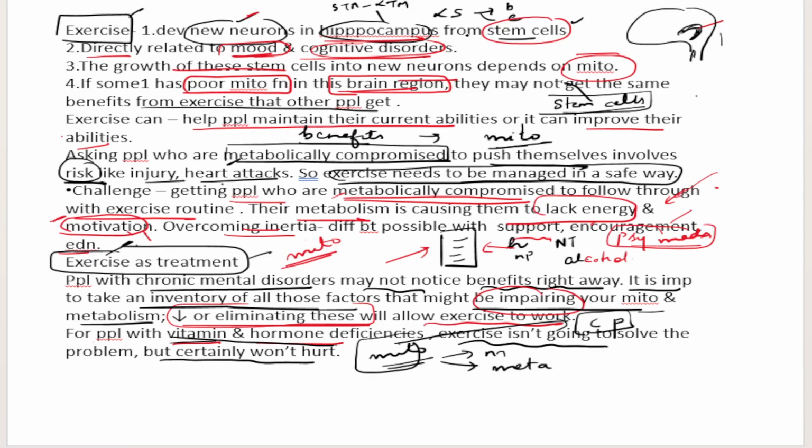So even if somebody has a vitamin or hormone deficiency, if you improve the mitochondrial function by whatever means, by lifestyle interventions or dietary changes, those people may improve their metabolic health and this might help them. But sometimes you need to make specific interventions in order to correct these deficiencies like vitamin or hormone deficiencies.